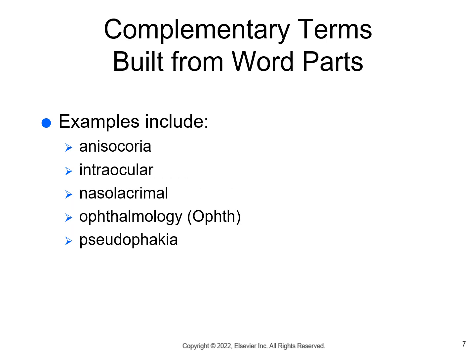Complementary terms from word part examples include anisocoria, which is a condition of absence of equal pupil. IA is condition of, AN refers to the absence of, and ISO is equal, and cor is pupil.